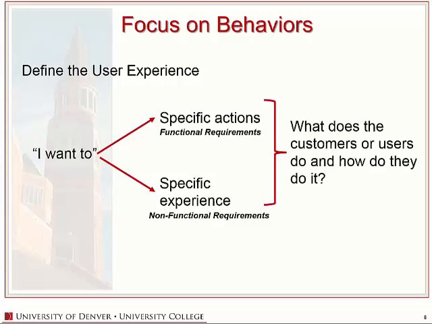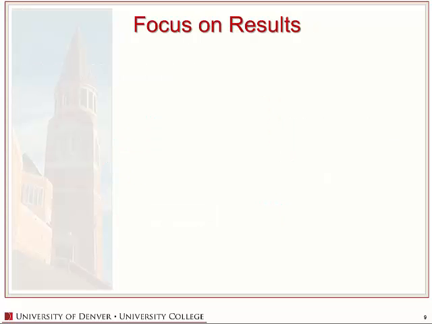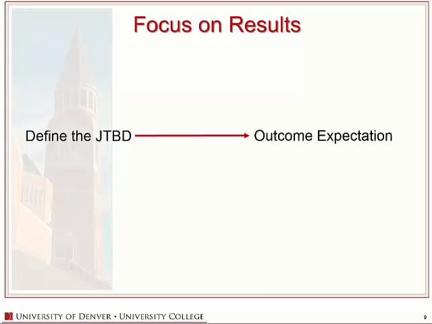Together, what we want to do is describe what the customer or user does and how they do it. We also need to focus on the results. We want to define for our technical team what the job to be done is for our users or customers and describe that in terms of outcome expectations.